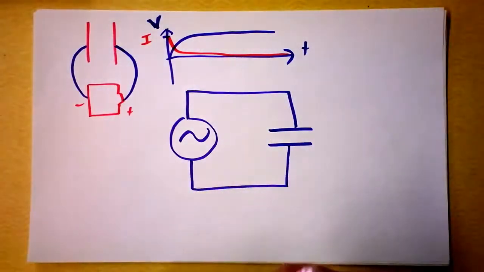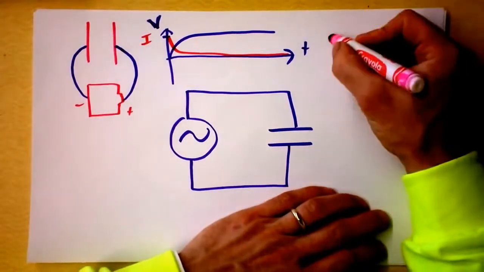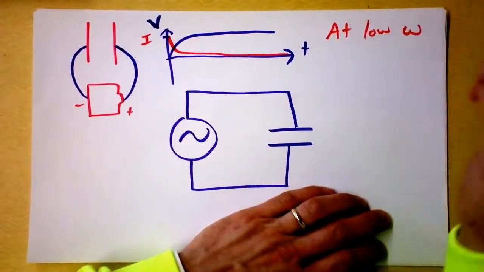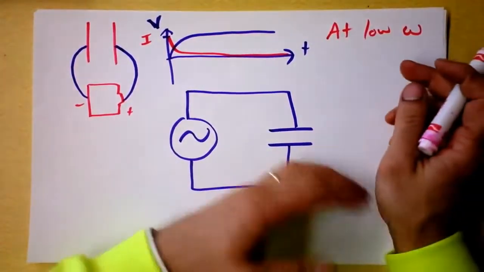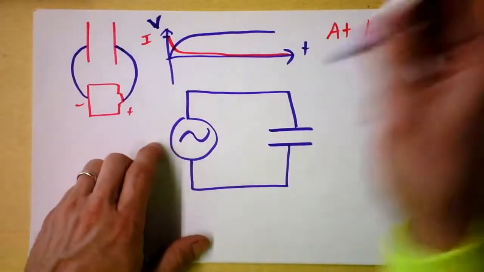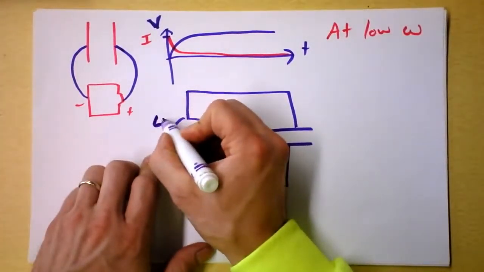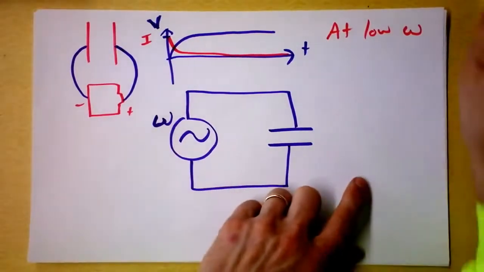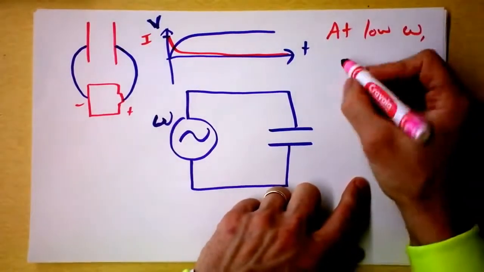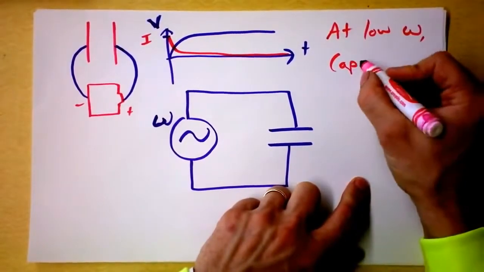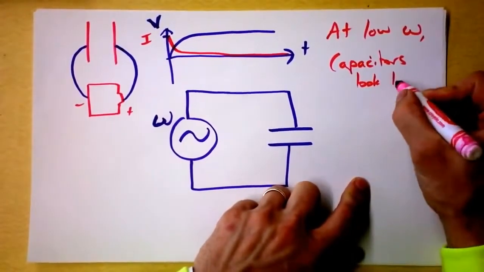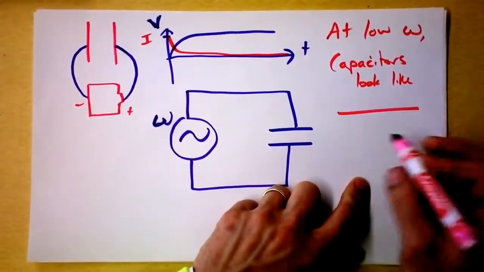So let me summarize that little observation. Of course, I'm going to use omega to symbolize how fast I'm sloshing right here. This is the frequency, the angular frequency of my AC power source. At low omega, capacitors look like what?